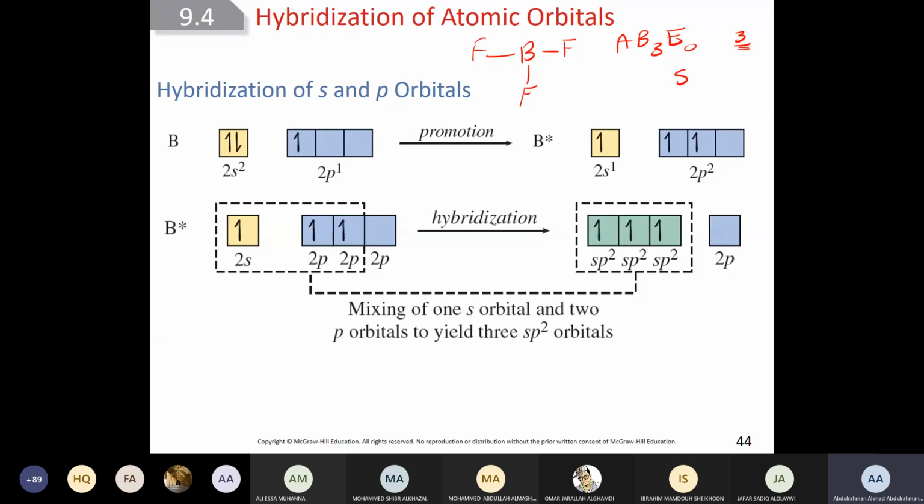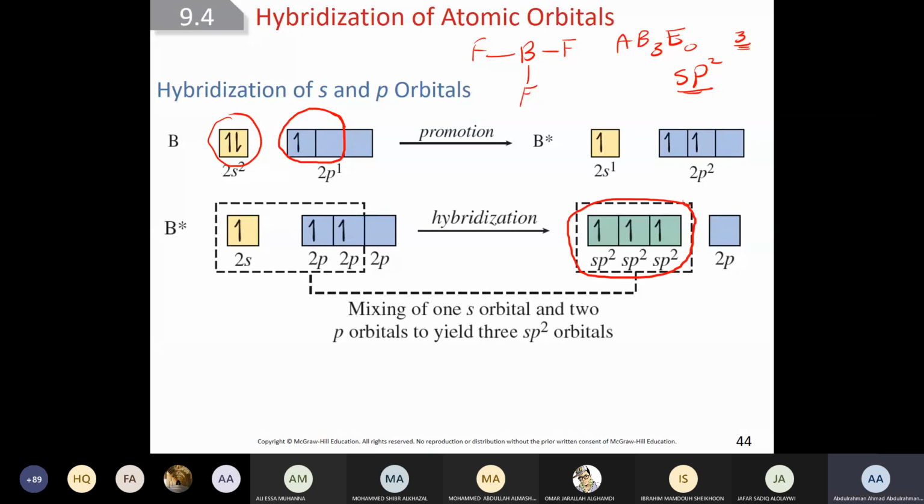So what's the hybridization? SP2. This means 1s will interact with how many? 2p orbitals to make sp2. And that's why they will mix to make sp2 orbitals.